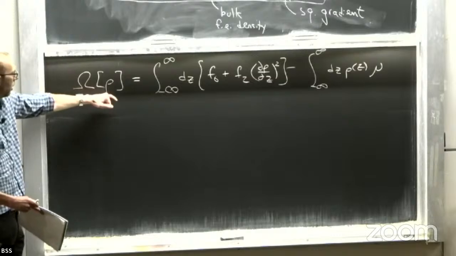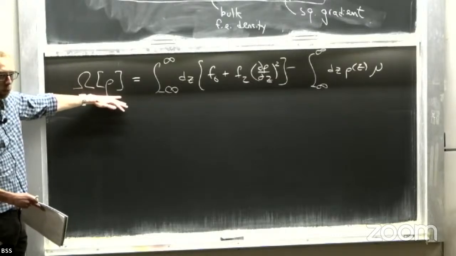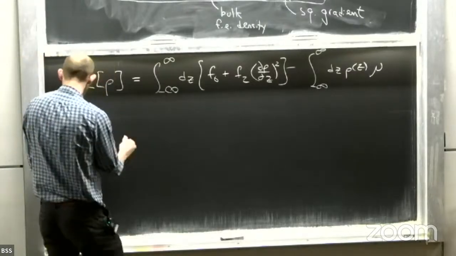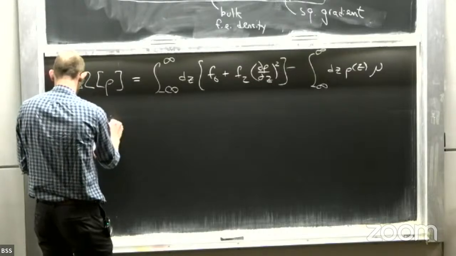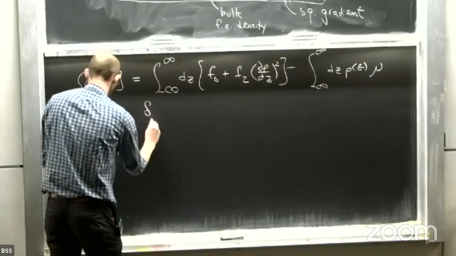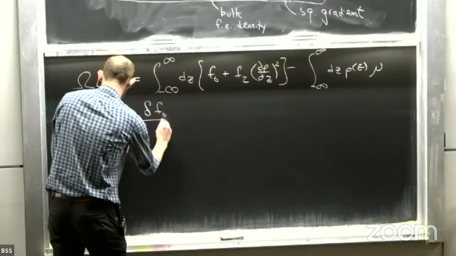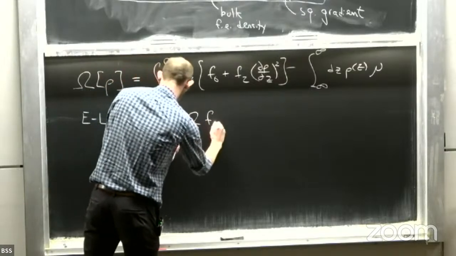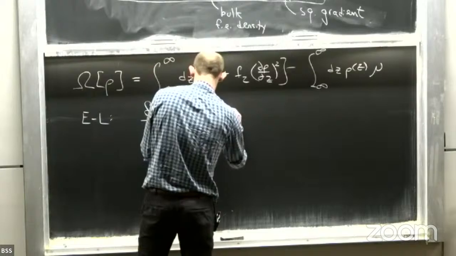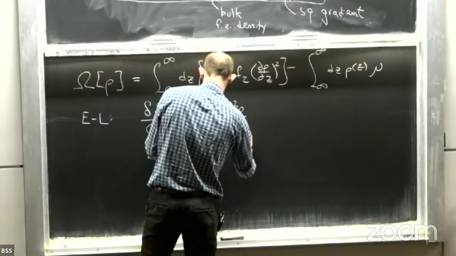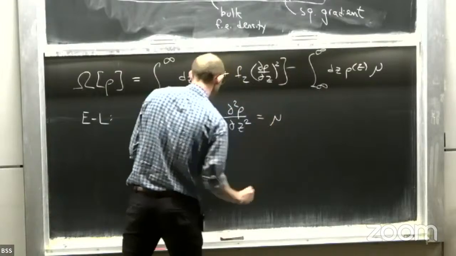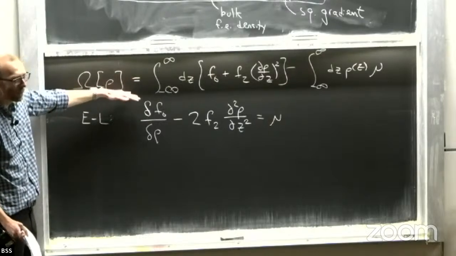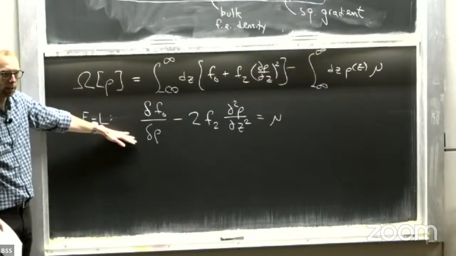So we want to minimize this functional with respect to rho. And so that entails an Euler-Lagrange equation. So you take the functional derivative of this with respect to rho, and you set it equal to 0, then this is the equation that you get.